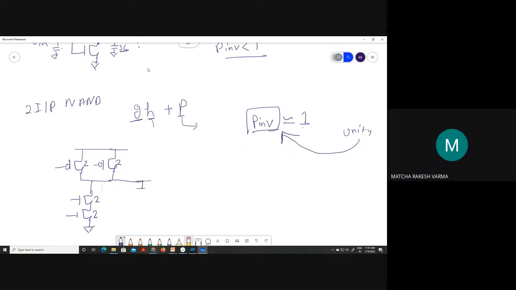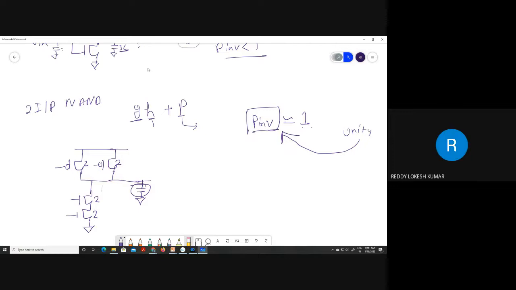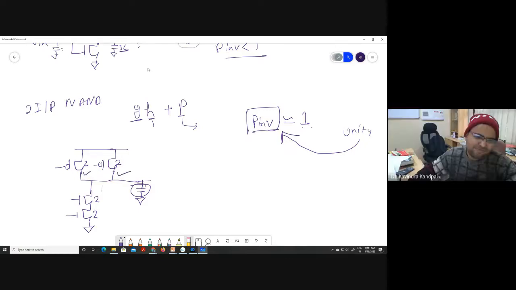Yes, sir. So can you compare what the parasitic delay is for this NAND gate? Tell me, for this NAND gate, what is the net capacitance happening here? 2C because of this one, 2C because of this one, 2C because of this one, 6C. Yes or no?